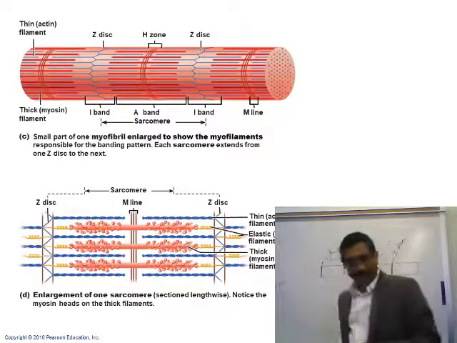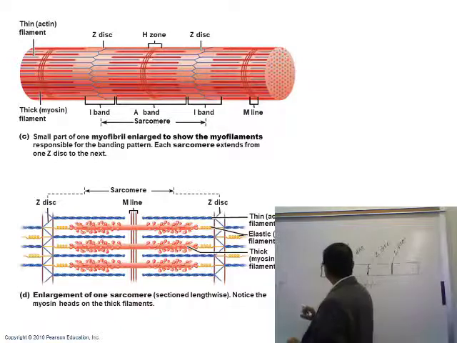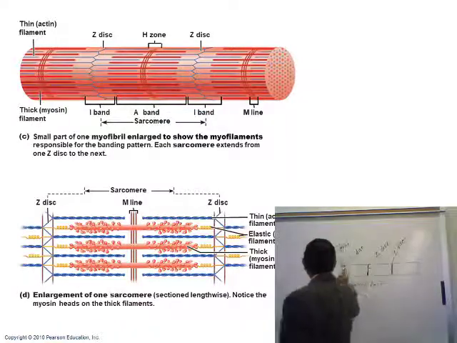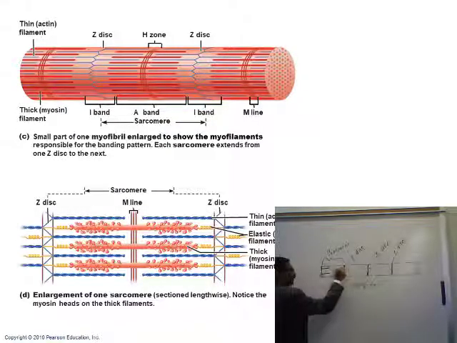Okay, now I say that sarcomeres get shorter. How? Inside the sarcomeres you have filaments. Two types of filaments are present inside the sarcomere: thick filaments and thin filaments.